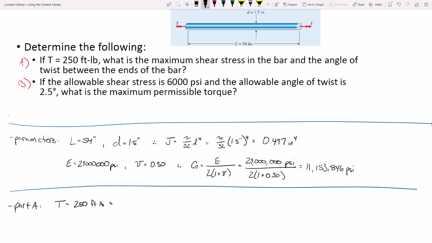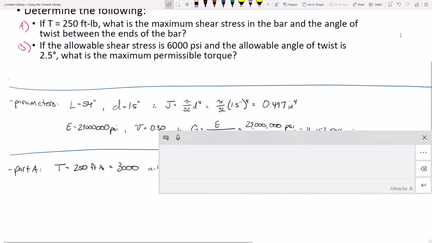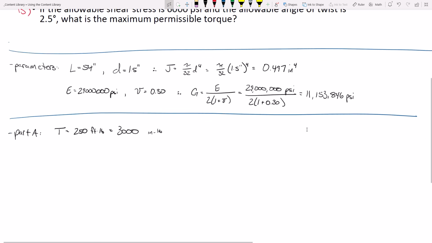There's everything up here: inches, inches, inches, inches, pounds, inches. So now, do I divide it by 12 or do I multiply by 12? There you go. So 250 times 12, 3,000. It's exciting, I know.